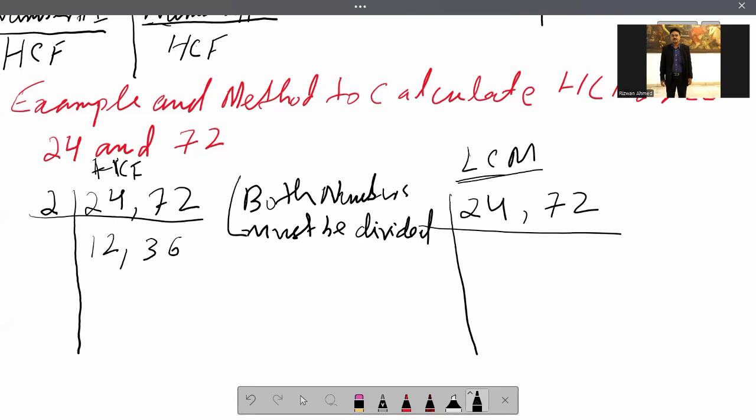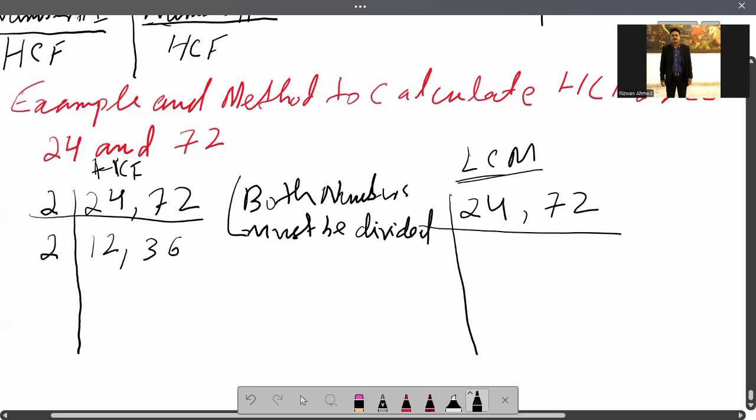Like for example, this is also divisible by 2. So 6, and 18. Still it's divisible by 2. So 3 and 9. Now both are divisible by 3.